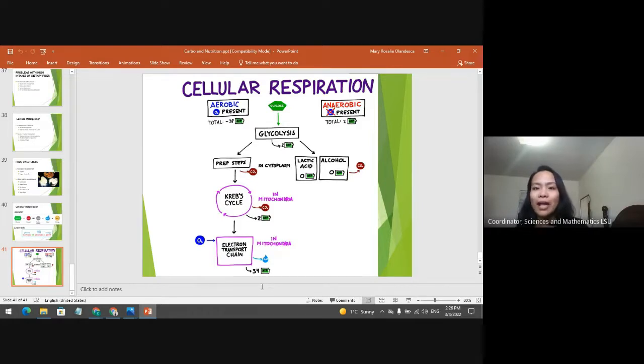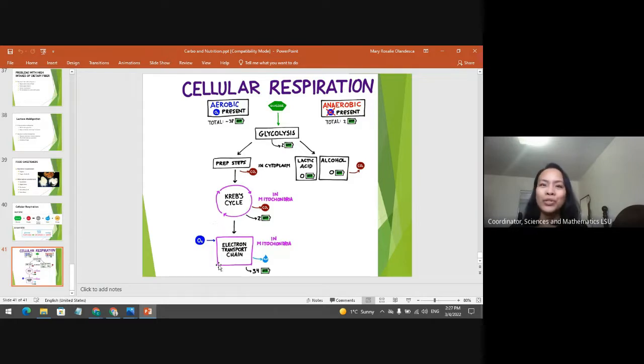On the other hand, after glycolysis, it will turn into lactic acid or alcohol. There are two products, either lactic acid for animal cells, and alcohol for plant cells. Let's further discuss this route here.